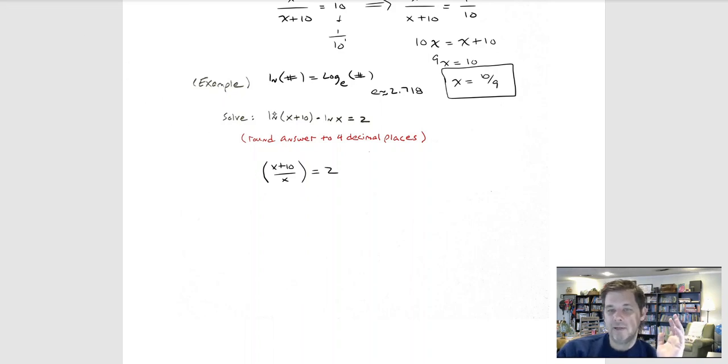And instead of writing ln, I'll write log and put the base intentionally as e, e being 2.718. But I'll leave it as just e, that's the number. Okay, all right, so then we said, well, you got to take that and you raise it to this power, and then you say you get this. So let's see what would it look like if that was applied. I'll get x plus 10 over x is equal to e squared.